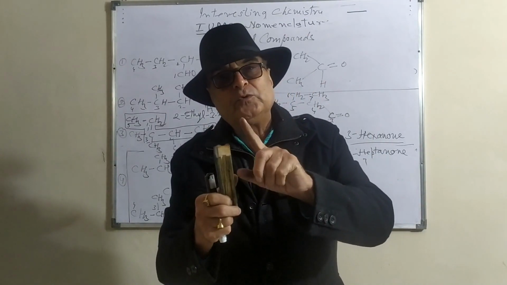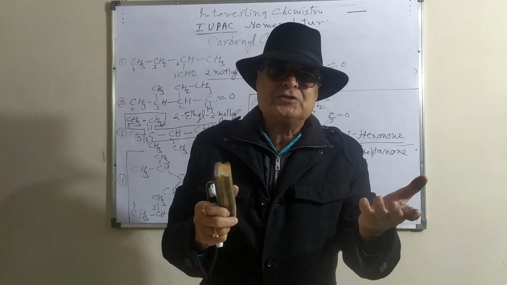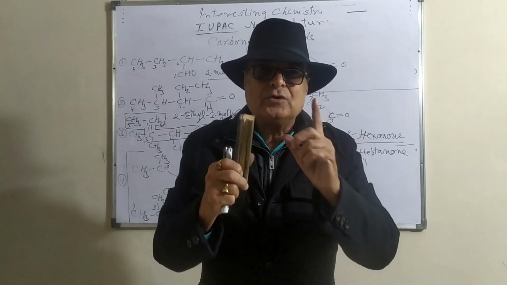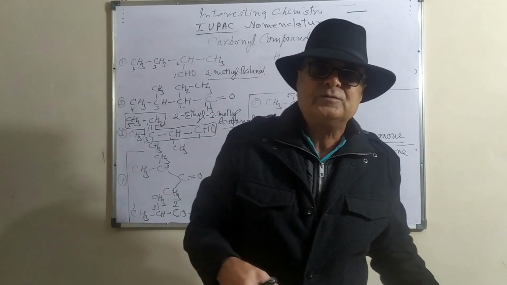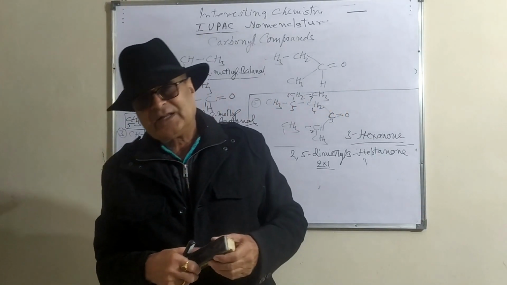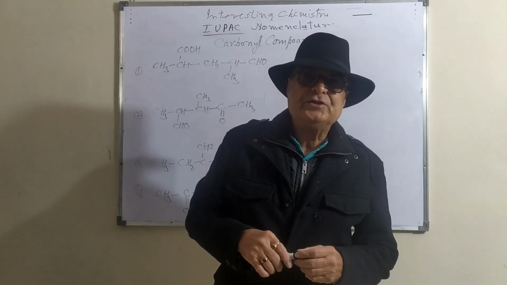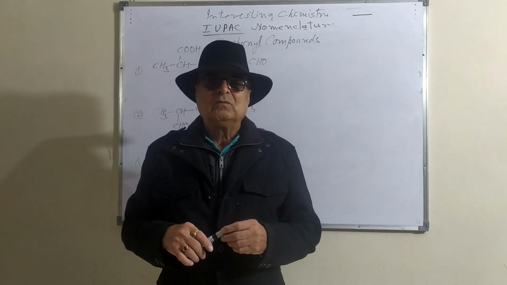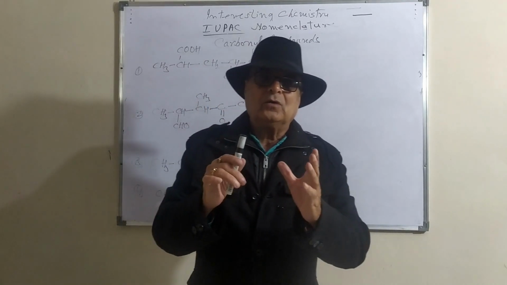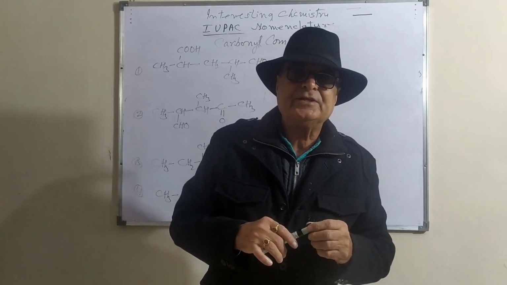I am giving some sets of examples, watch them and try them. The concept of seniority: when you find two groups on the same longest chain, how will you decide the name of the main compound?